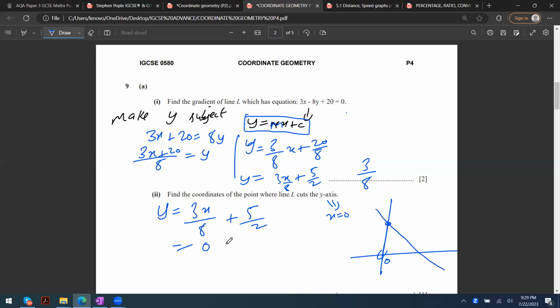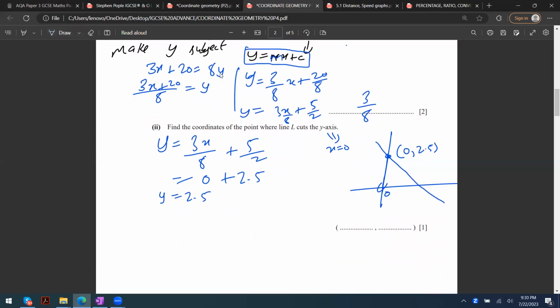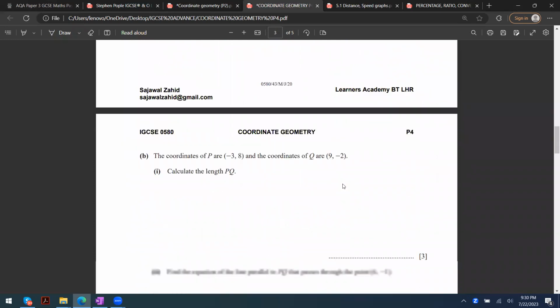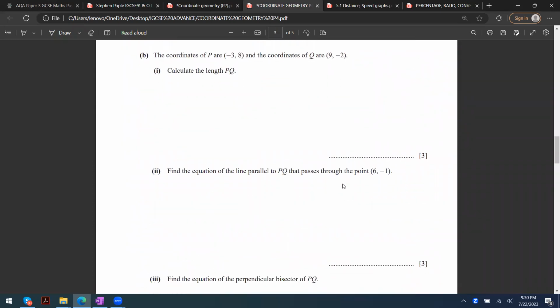This term evaporated. 5 over 2, 2.5. y is equal to 2.5. So the coordinates will be 0 and 2.5. The answer you have to give in coordinate form: 0 and 2.5. I hope everyone is clear. Very simple question. Let's move on. There are more parts.